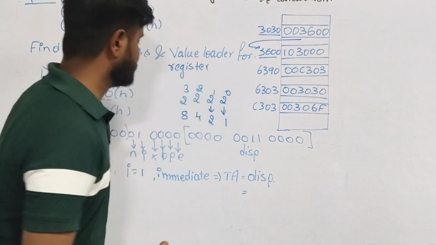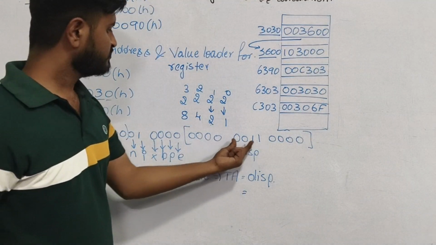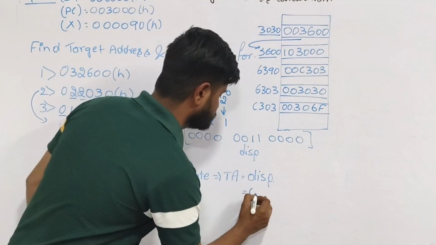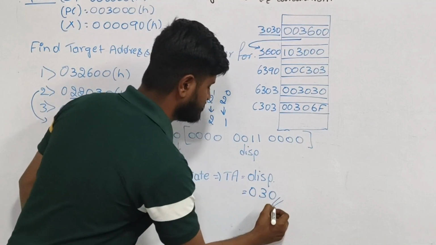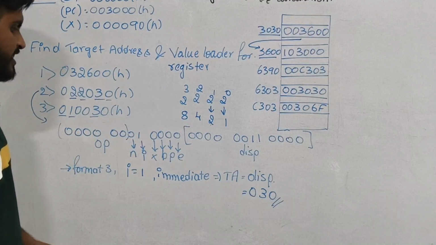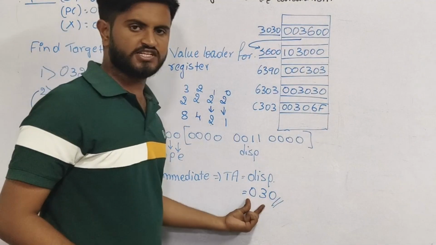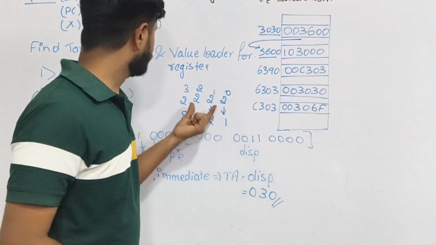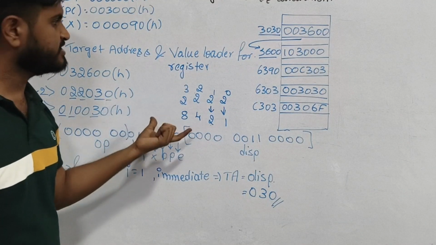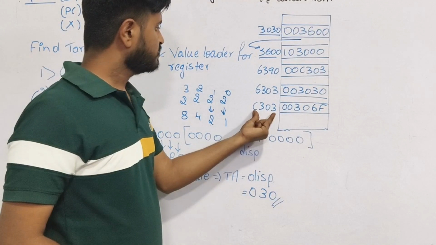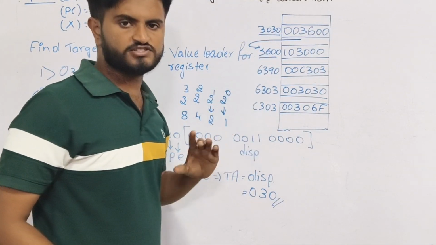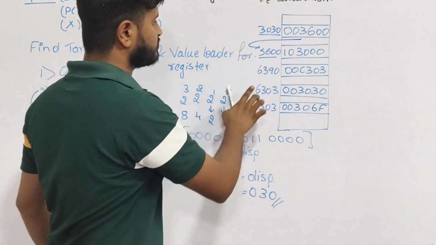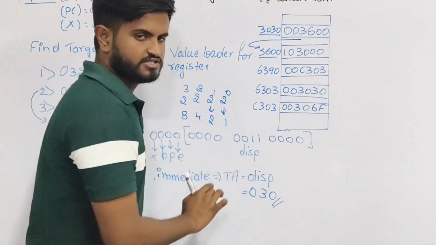So if you find the displacement, 0, 3, 0 is my displacement value. What I will be doing is searching for this outside for its location to find the value loaded into that register. 030. So 030 is not here. 3030 is here, but I need 030.